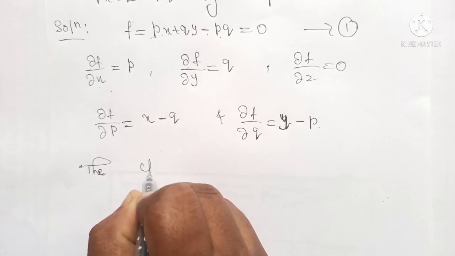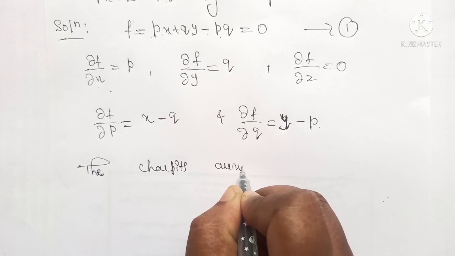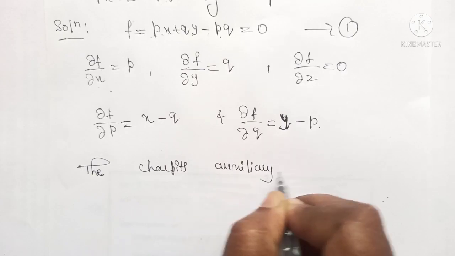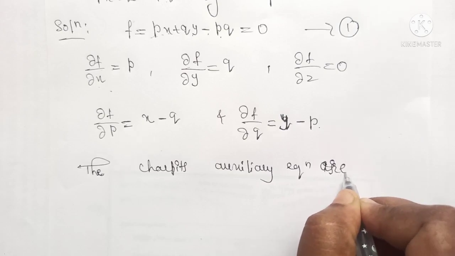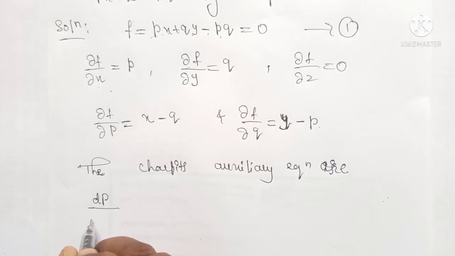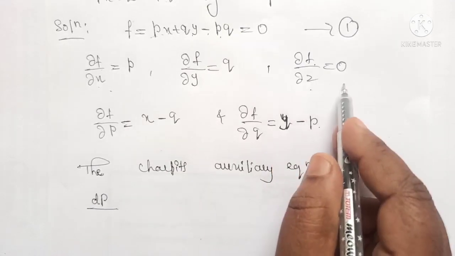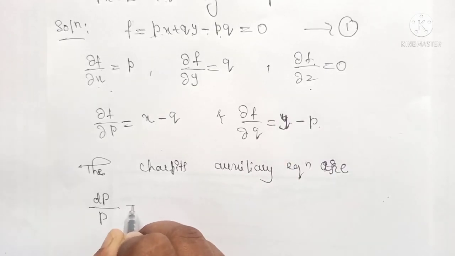So therefore the Charpit's auxiliary equations are dp divided by ∂f/∂x plus p ∂f/∂z, but the ∂f/∂z term is equal to 0, therefore we write ∂f/∂x, which is equal to p.